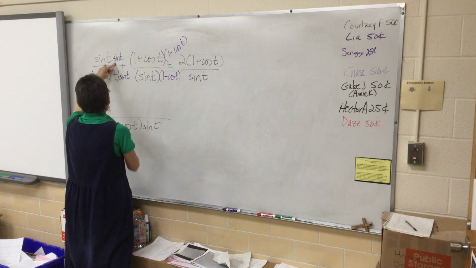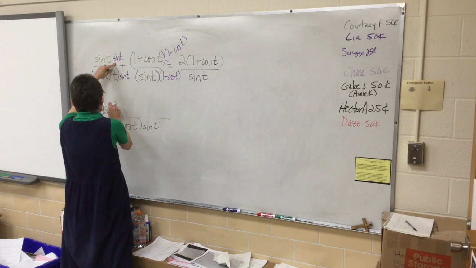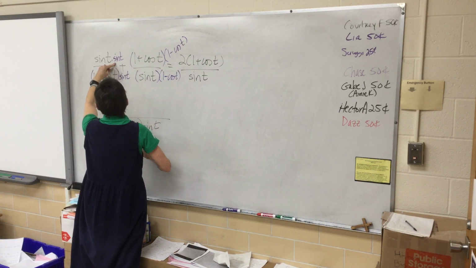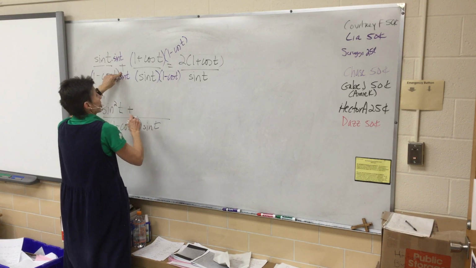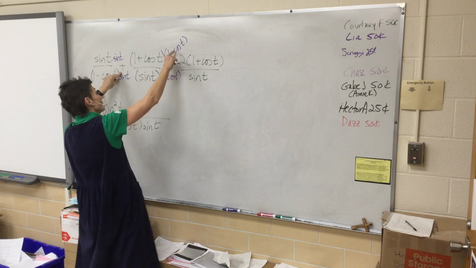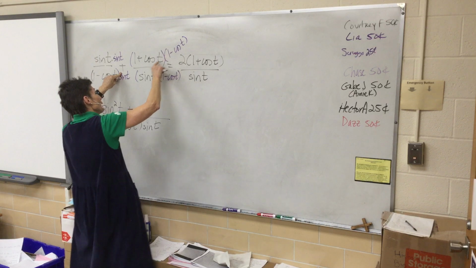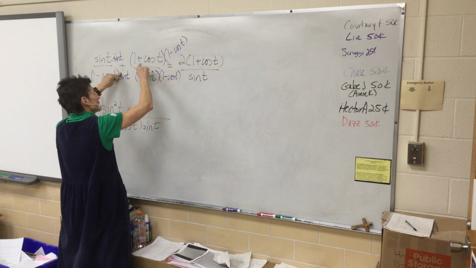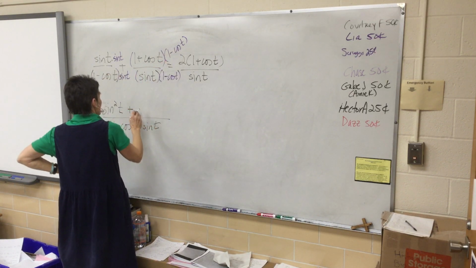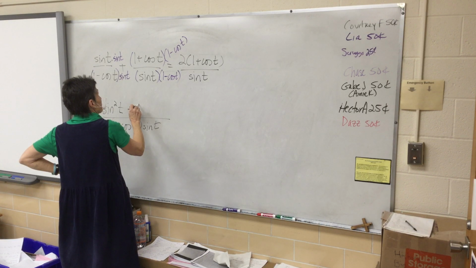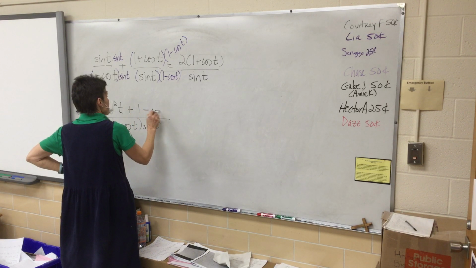Well, that piece will just be sine squared, right? Plus, okay, I'm going to go ahead and FOIL this out. Does anybody know what that'll be when I FOIL it? 1 minus cosine squared.